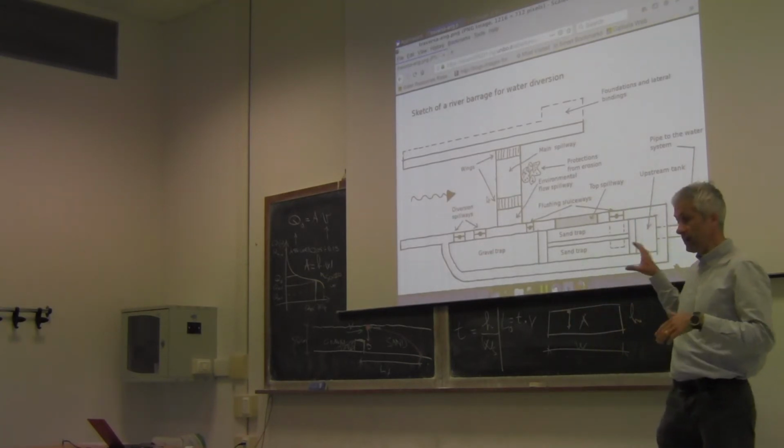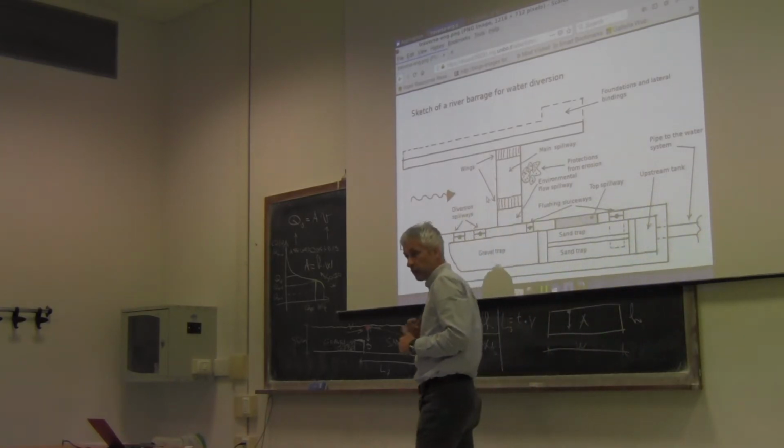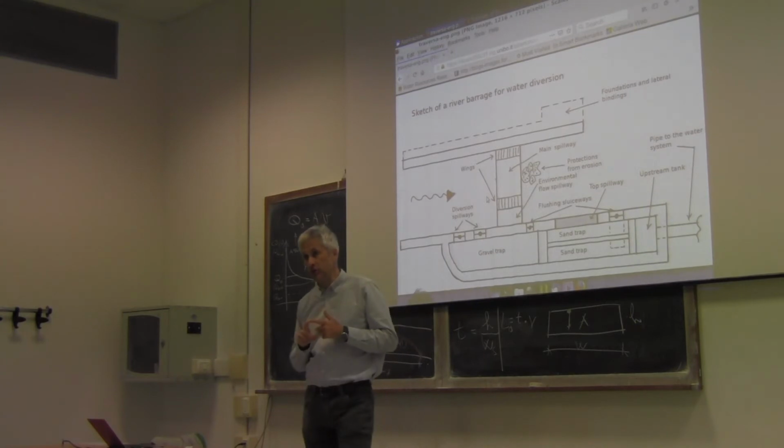So you can convey water downstream in two ways, through open channel flow or through pressure flow.